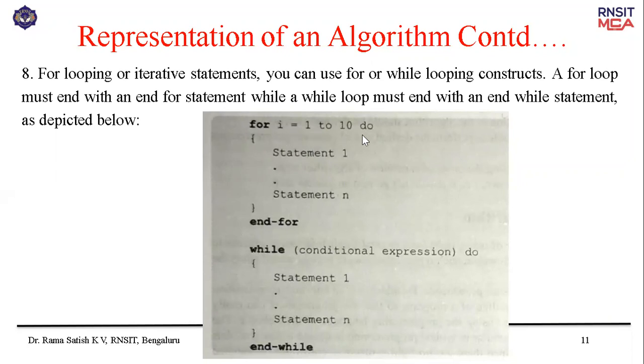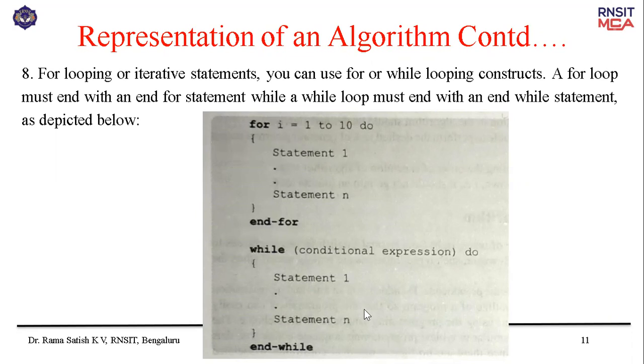For I is equal to 1 to 10. That means I value will change from 1 to 10. So I is equal to 1, I less than 10, I plus plus. So the same statement, it's a syntax you follow in C, but in pseudocode you should write like this. And you should have a block for loop and end for. It should be used at the end of for loop.